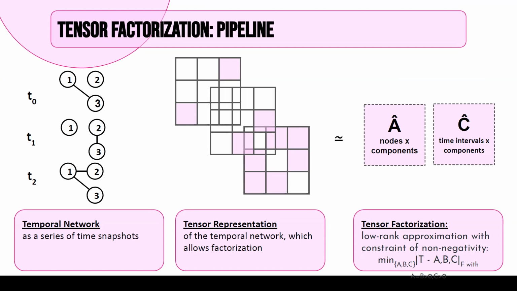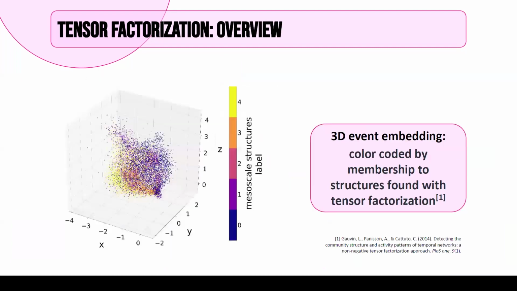Okay, so we can derive from this representation a belonging of each node in the network to a certain component. We can call it community activity detection for once. And we can have something like that.